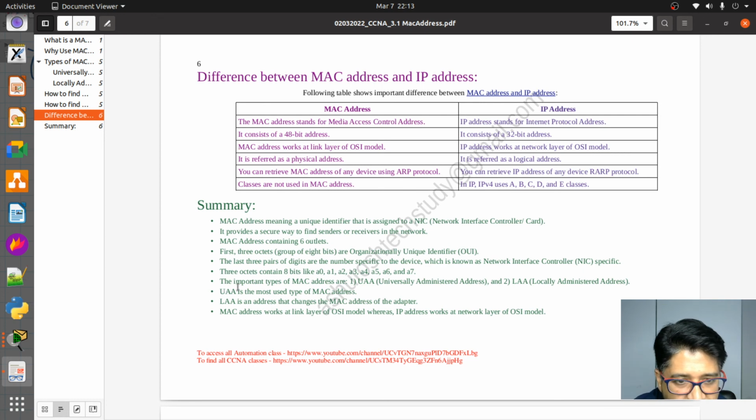Then we have the important types of MAC. We saw the UAA, Universal Administered MAC, where this bit is 0 for universal and 1 for local. LAA is the locally administered address, whereas UAA is the universally administered address. UAA is the most used in MAC addresses.